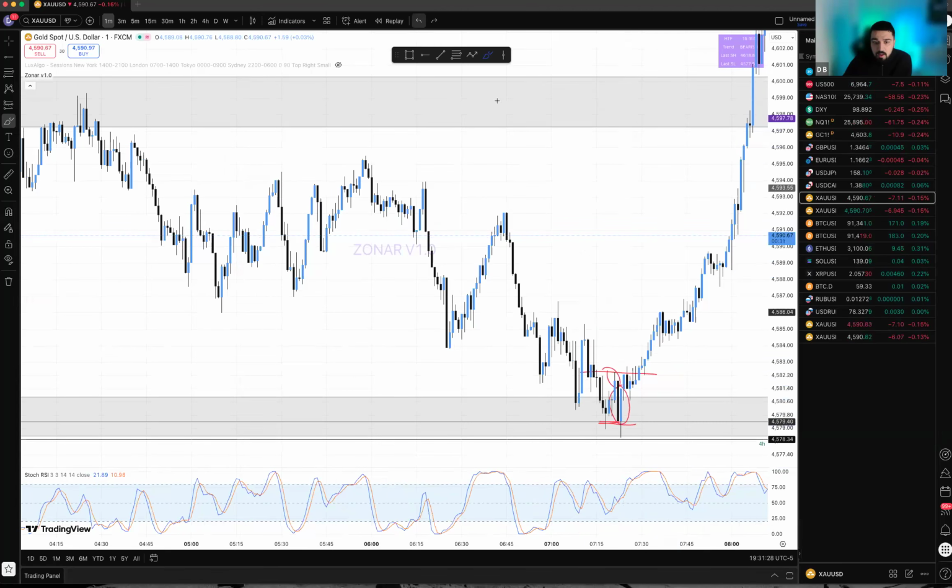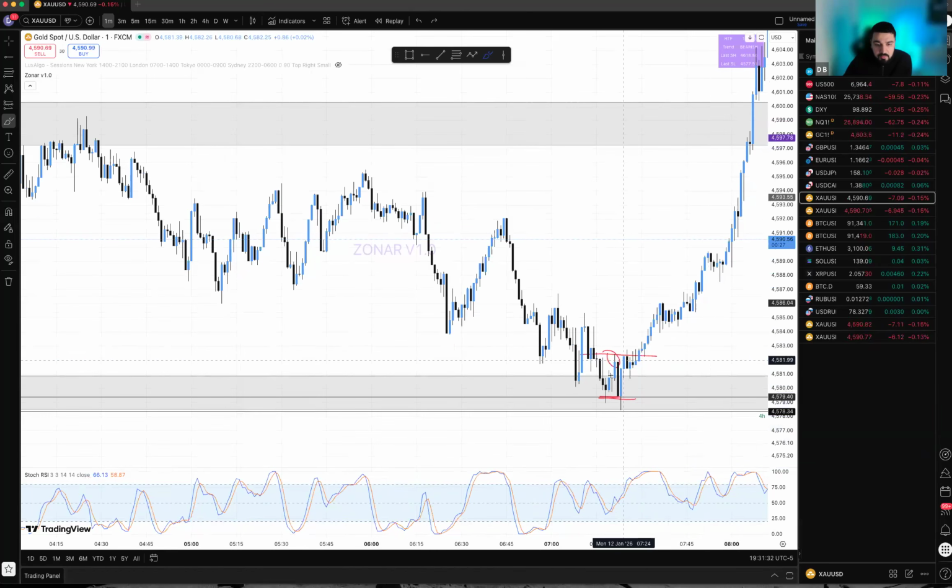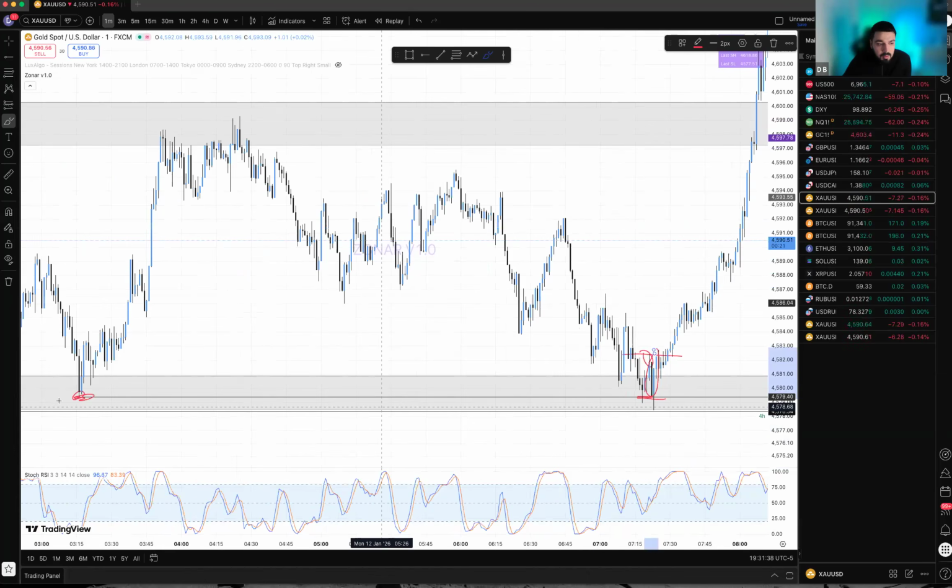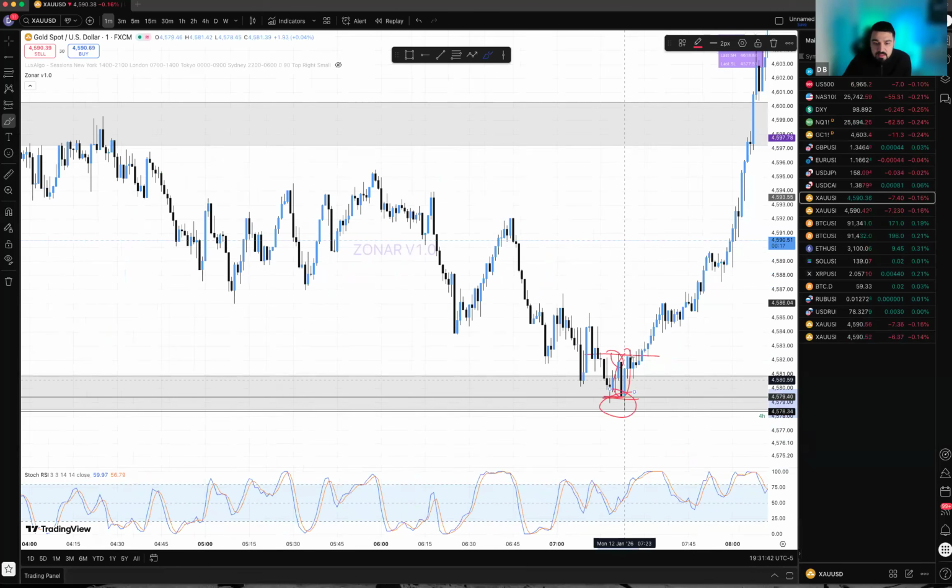It came back up, and the second candle after it went even higher. This confirms that this is a potential reversal area because we had a liquidity sweep from the lows, and then the next two candles reversed the bearish momentum. Then you have the break of this high and the break of this high.